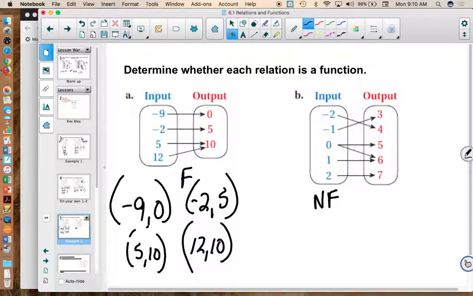You will explain that a function is a rule that assigns to each input exactly one output. Look at your inputs. Do any of the inputs have more than one output? Yes, 0 does. Exactly. And this is why it is not a function, because 0 has the ordered pair 0, 5, and the ordered pair 0, 6. It is not a function.